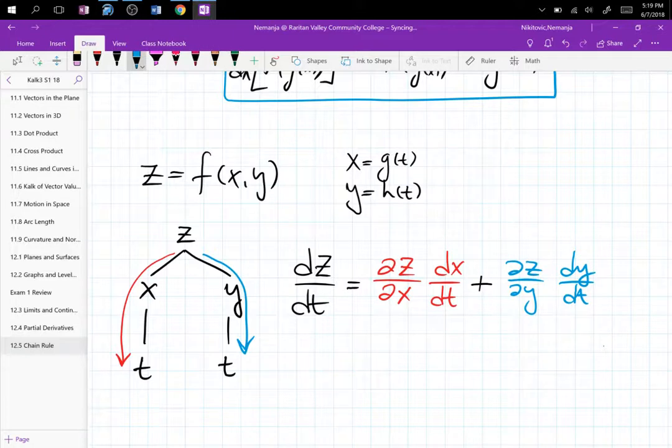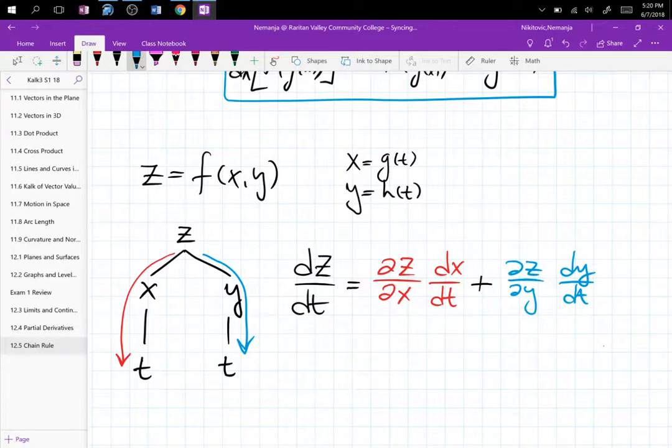Now, I don't know which way you're going to write this in your notes, but what you should write in your notes is, anytime you hit branching, I don't care if it branches into 2 or 3 or 15 of these, as soon as you hit branching, it's partial derivatives. If you have a single straight through, it is going to be regular d's.